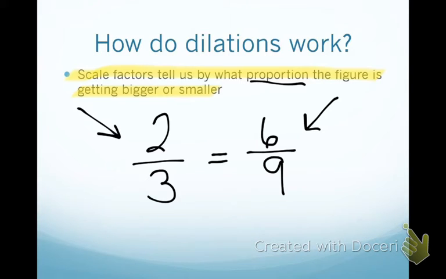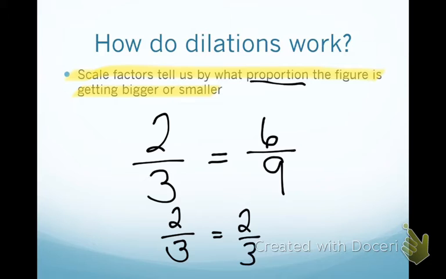Well, this looks like different numbers to me, so it's not a proportion because they're different numbers. Or is it? Is 2/3 reduced all the way? Yeah, it's reduced all the way. Is 6/9 reduced all the way? No. What can 6/9 reduce to? 2/3. So 2/3 does equal 2/3. These two ratios are a proportion. This will help you on number 4 on your homework tonight.